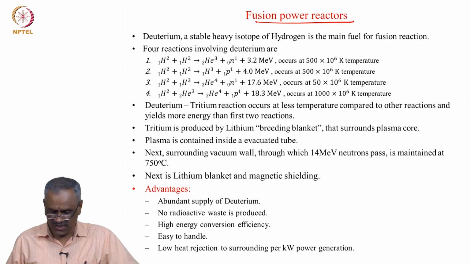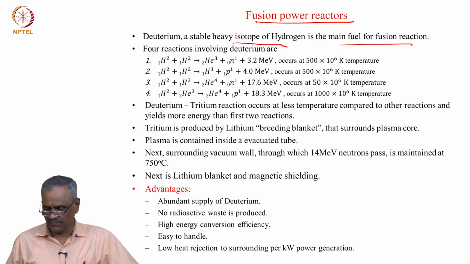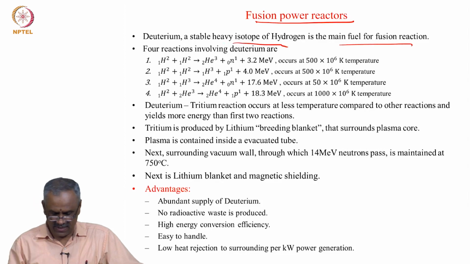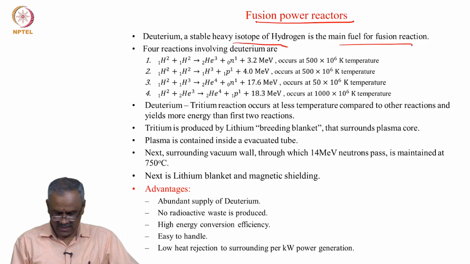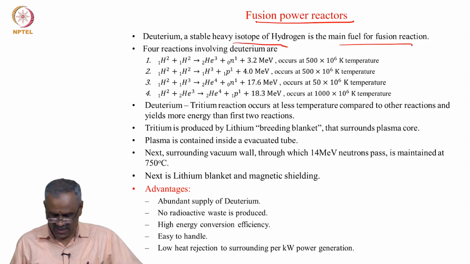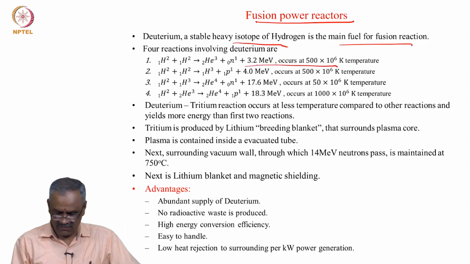Deuterium, a stable heavy isotope of hydrogen, is mainly the fuel for fusion reaction, and the typical fusion reactions are shown here. You can see how hydrogen is converted into helium, what the temperature ranges are, and what the energy release is.